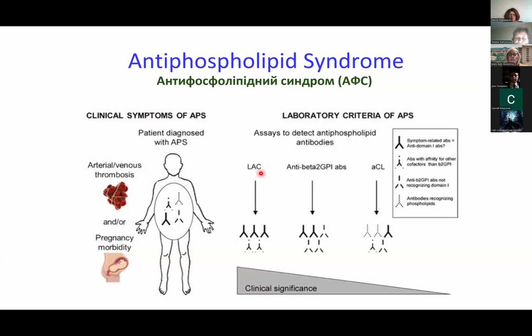So the lupus anticoagulant is the worst antibody to have. Then there's anti-beta 2 glycoprotein antibodies, and they're kind of intermediate. And then there's anticardiolipin antibodies that still can cause these symptoms, but do so at a lesser rate.